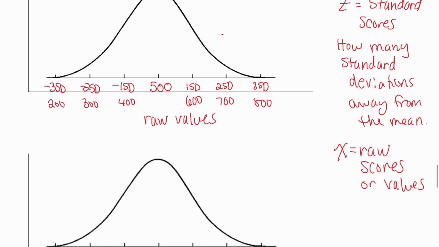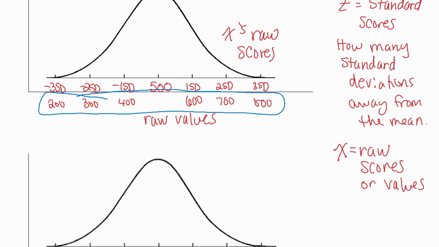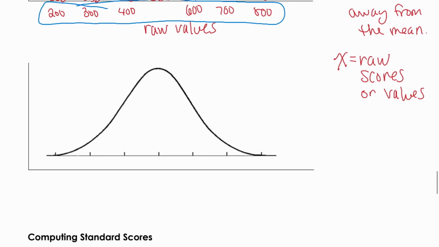So this would be an example of when we use X's for raw scores. And our raw scores are these values here. Right, our actual scores. But when we talk about standardizing the normal curve, this would be our Z's when we standardize.